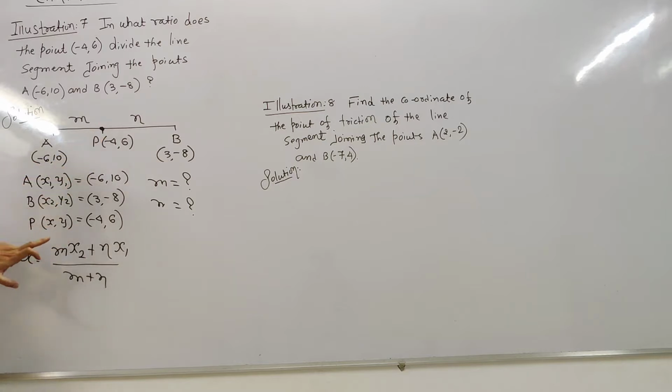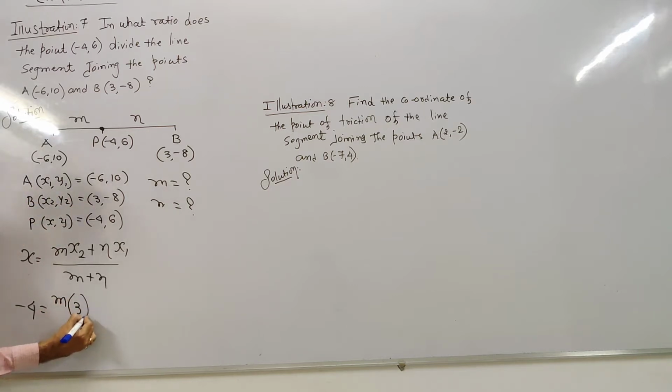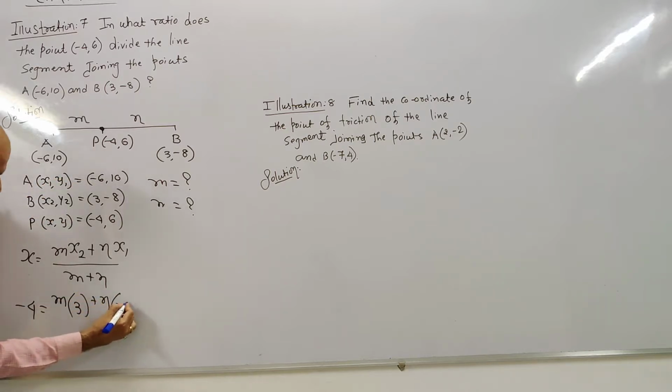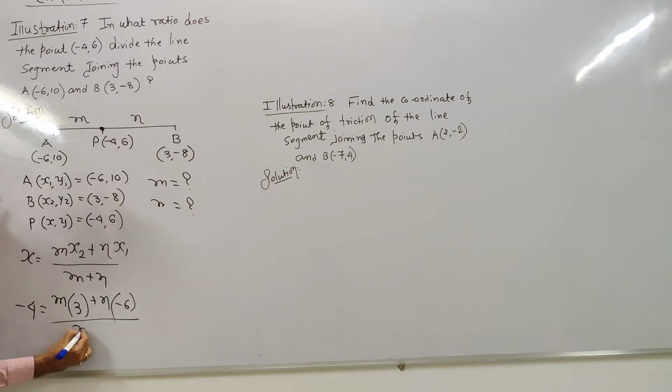Now put in the value of x. x means -4 is equal to m times x2, that is 3, plus n times x1, that is -6, upon m plus n.